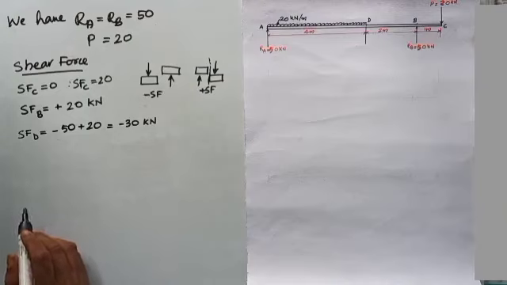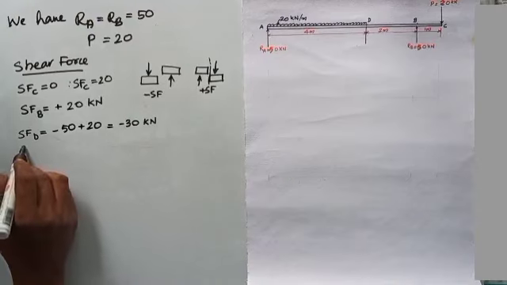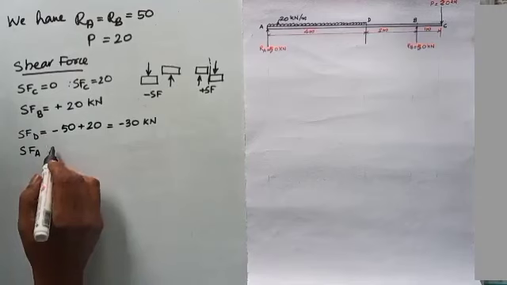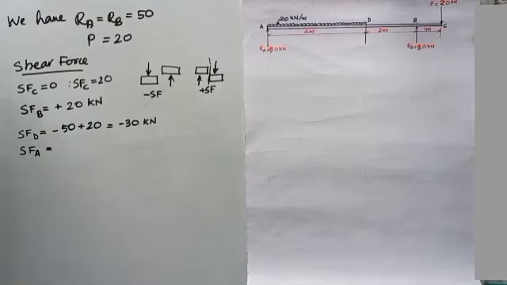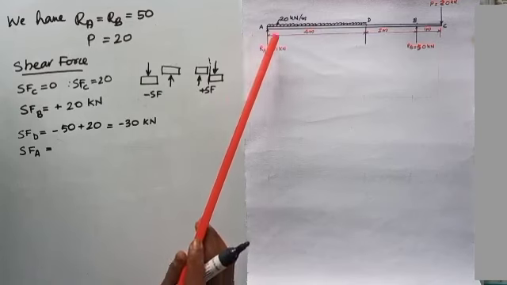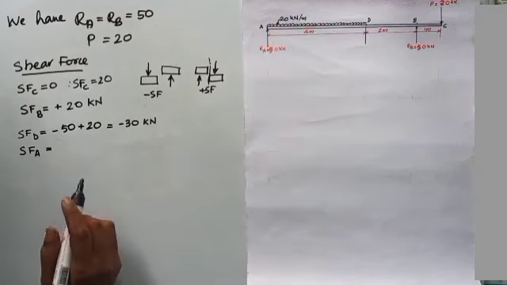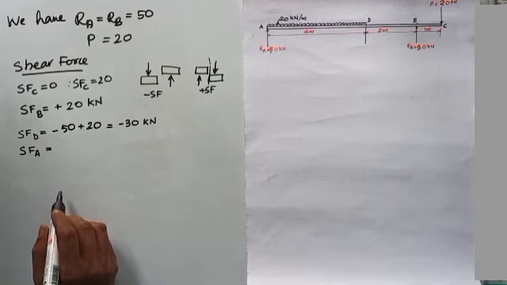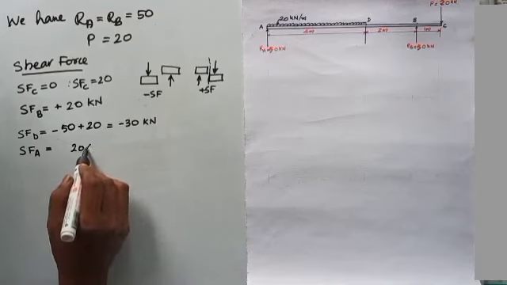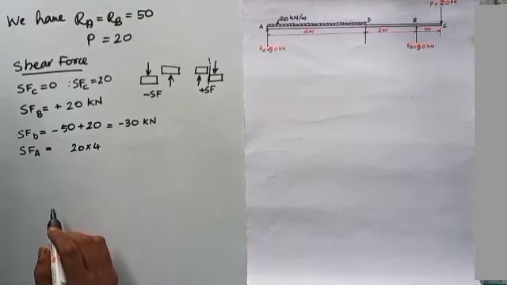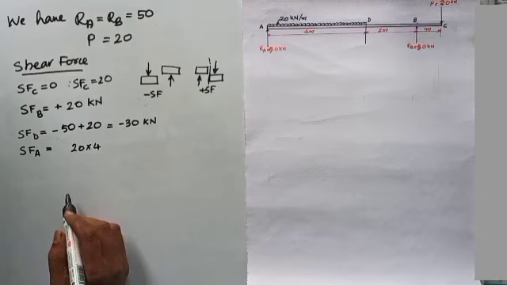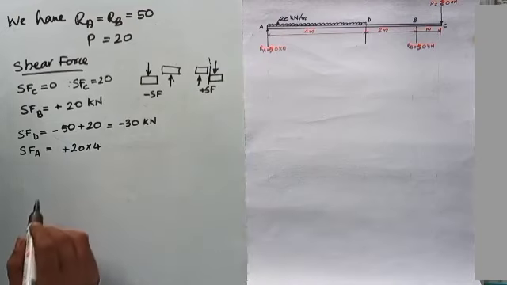Now we move on to point A. Shear force at A means the shear force due to this UDL. What's the value of that UDL? 20 into 4. And the sign: since the section we are considering is at A, the load will be in the right side of the section, acting downwards, so it will be positive.